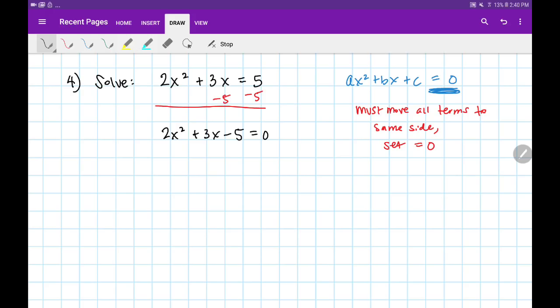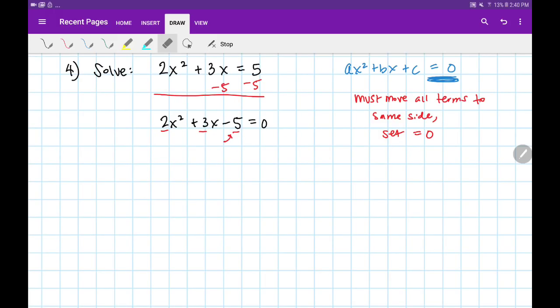Now I can think about those methods we talked about earlier. Is there a number that can multiply evenly into 2, 3, and 5? Well, it's not 2. It doesn't seem like there is a number. Nothing goes into all those. So next option is to go ahead and do magic x.